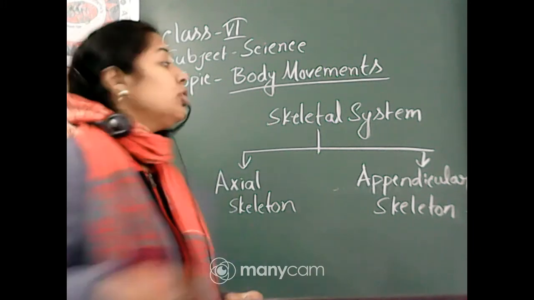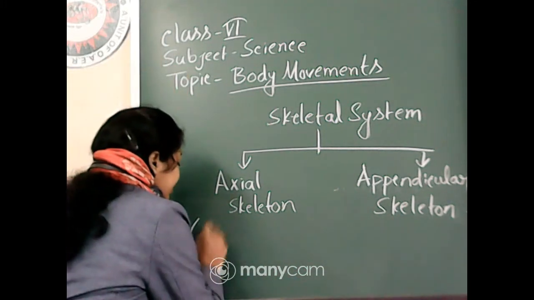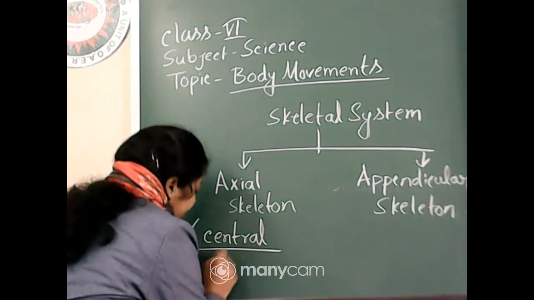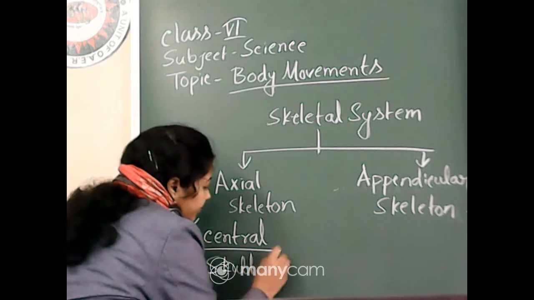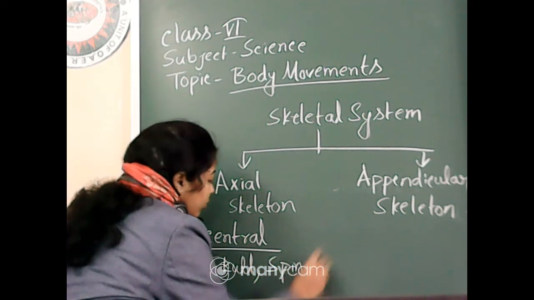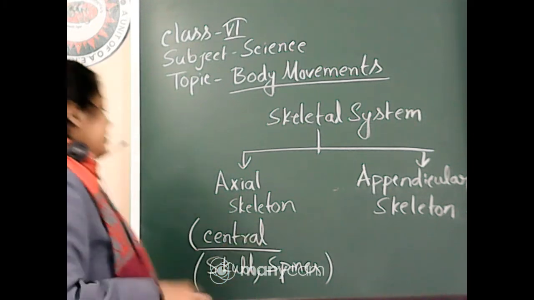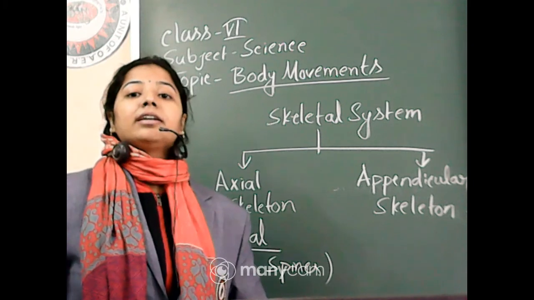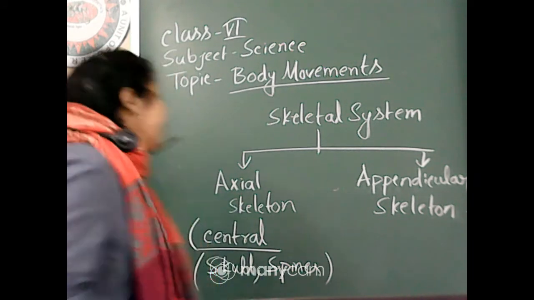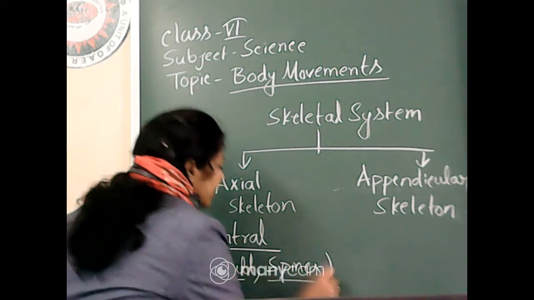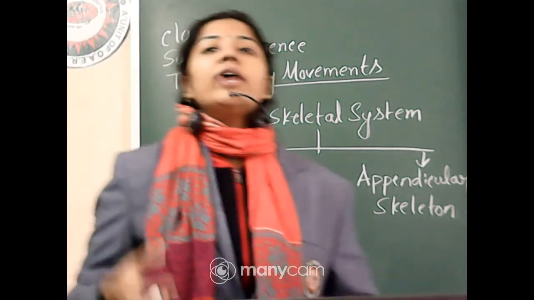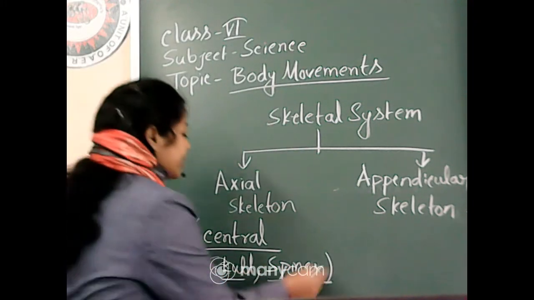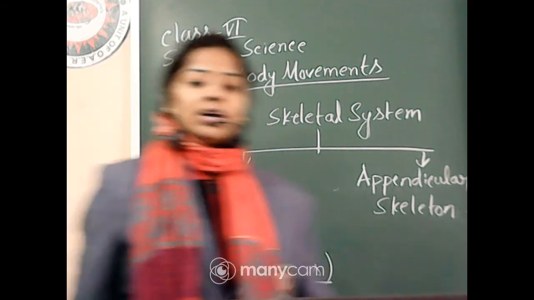So we can say axial skeleton is the centrally located skeleton, including skull and spine. You know that skull is the bony structure present above our brain that protects our brain, and spine is the hollow structure in which the spinal cord is present, and that spine protects our spinal cord. Understood everyone?